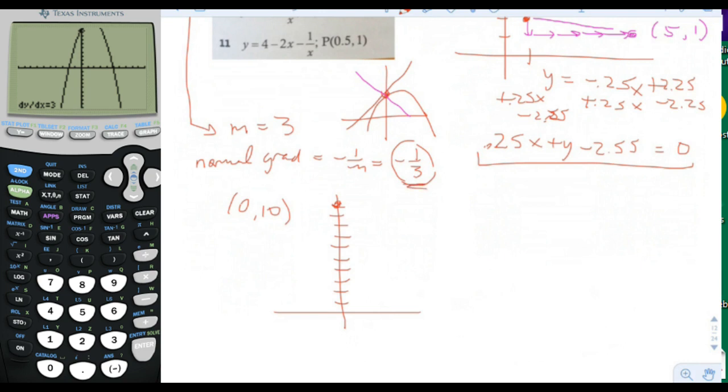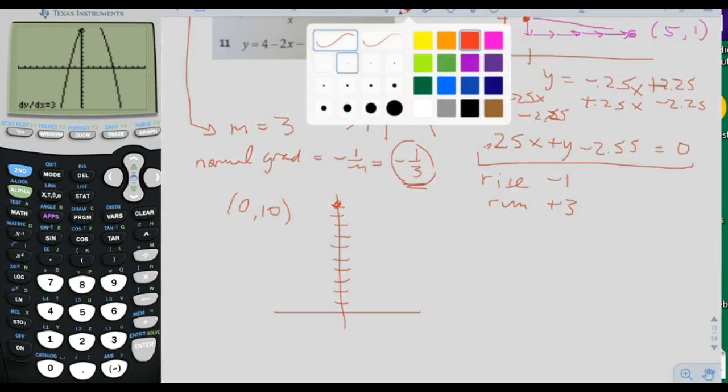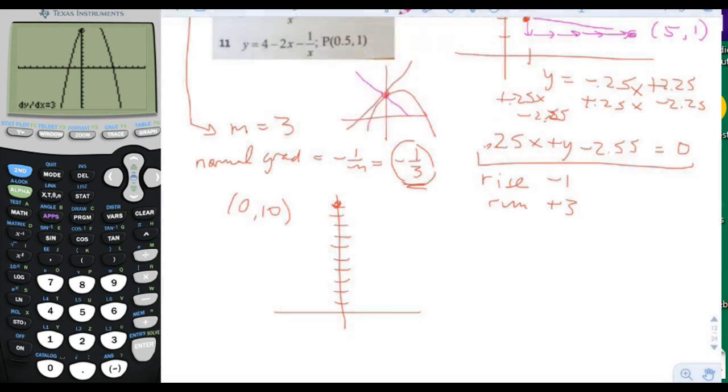And our second point is going to be found using this slope. So remember, rise over run. So the rise is negative 1. The run is positive 3. So let's see. Rise is negative 1, so I go down 1. Run is positive 3, so I go over 3. 1, 2, 3.